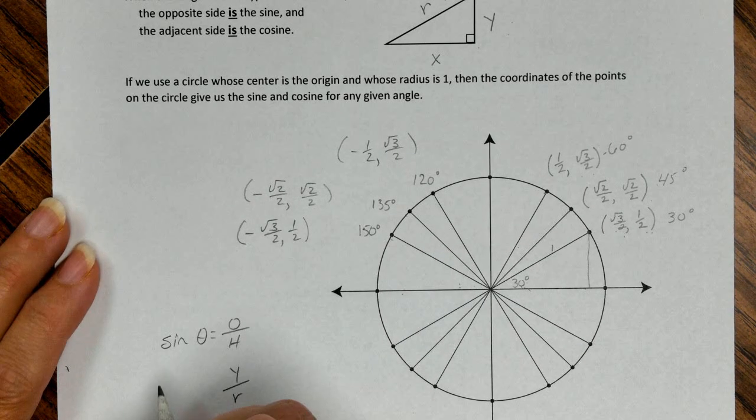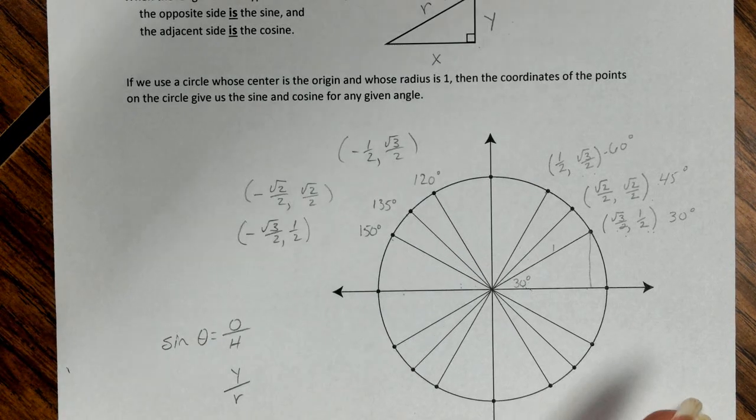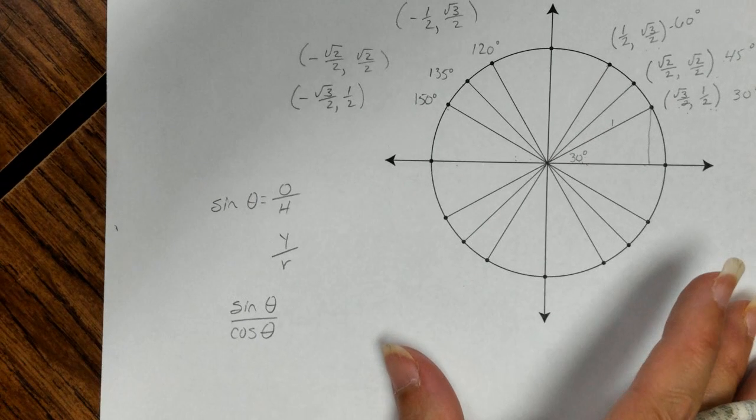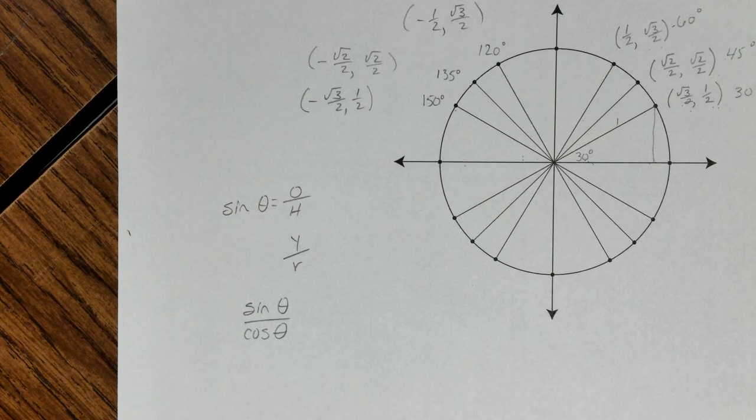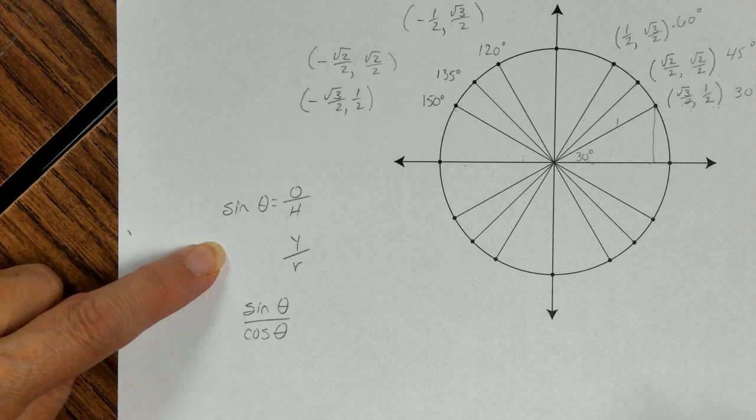So let's think a moment about, I know it seems like we're totally switching gears here. We're going to do sine of theta divided by cosine of theta. It's related. Okay, and you can think about it in terms of opposite and hypotenuse or the y over r thing, but we're going to practice it with this y over r thing.